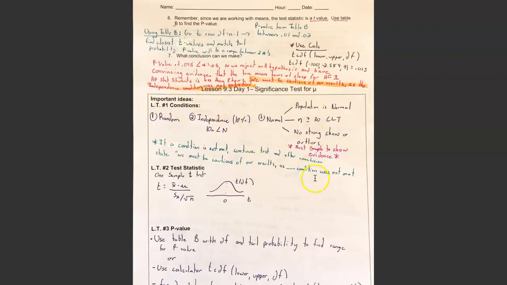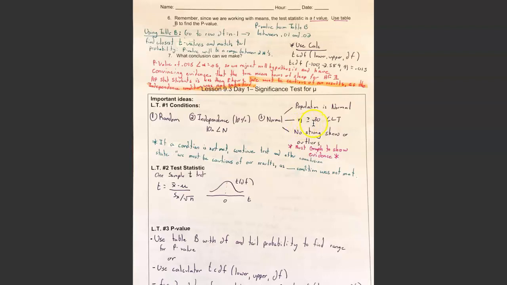Okay, so you can take a minute, pause, and just copy these down, but these are the important ideas. Again, checking your conditions: the random, the independence, and the normal condition for a means. If they tell you the population is normal, then you can continue on, as your sample distribution should be normal. N greater than or equal to 30, we use the CLT, the central limit theorem.